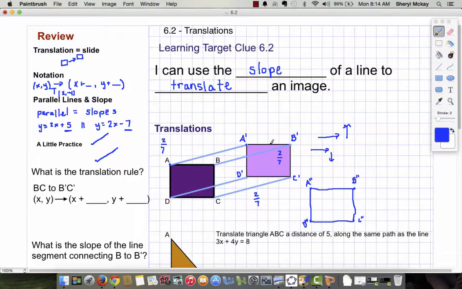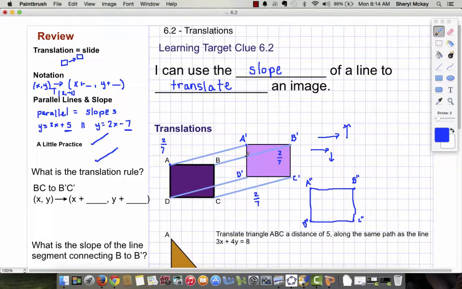So let's go ahead and just quickly think about what the slope of the line segment would be from A prime to A double prime. What would the slope of the line segment be from A prime to A double prime? Well, you would just count it, right?